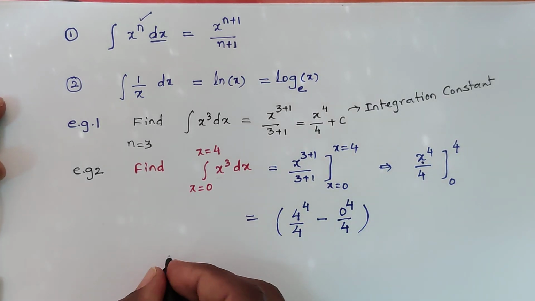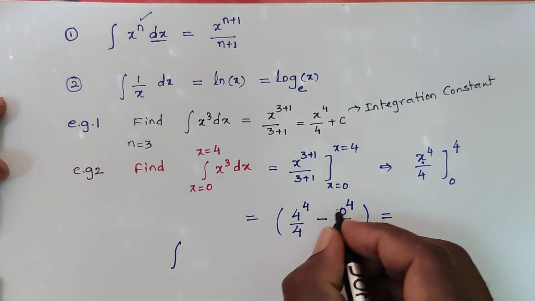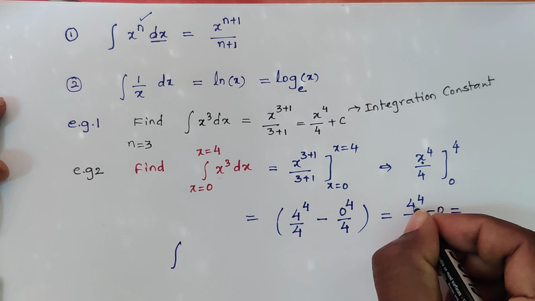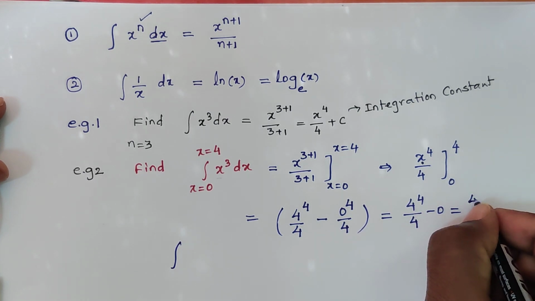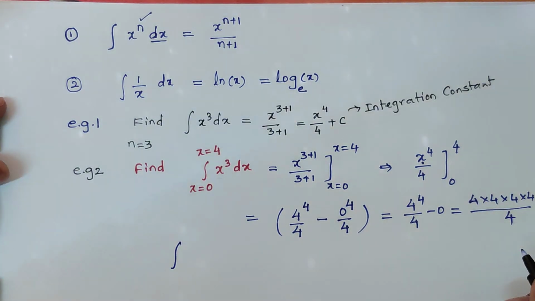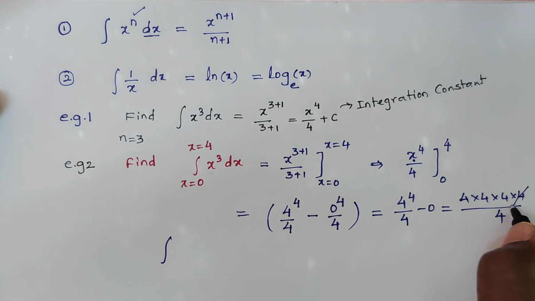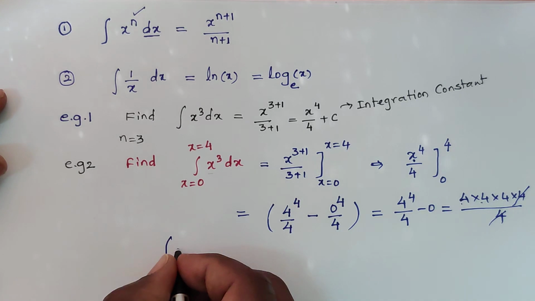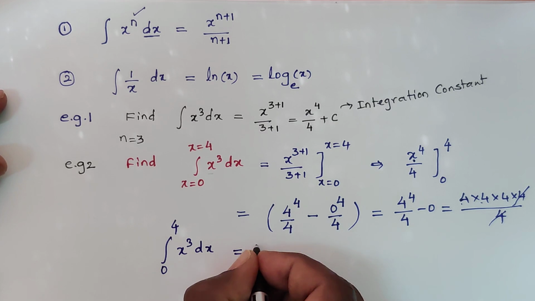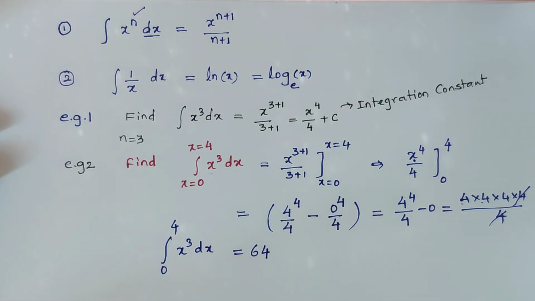So that is equal to 4 to the power of 4 by 4 minus 0. 4 to the power of 4 is nothing but 4 into 4 into 4 into 4, divided by 4. This 4 and 4 get cancelled. 4 into 4 is 16, 16 into 4 is 64. So integral x to the power of 3 dx, limits from 0 to 4, the answer is 64. We call it a definite integral. Okay, answer is 64 here.